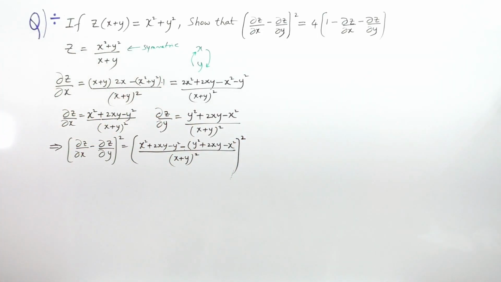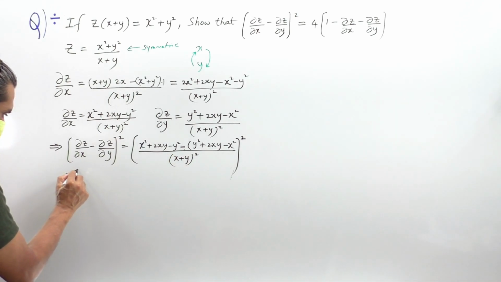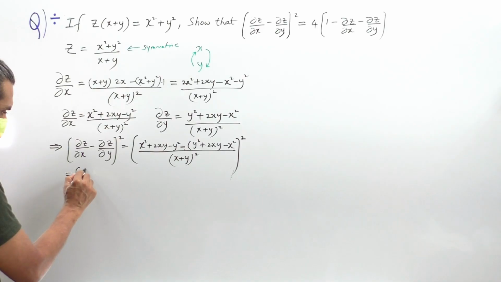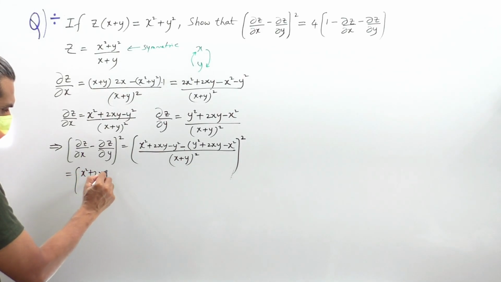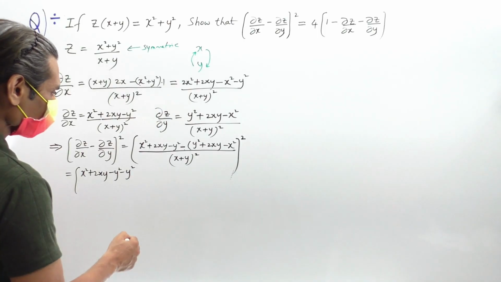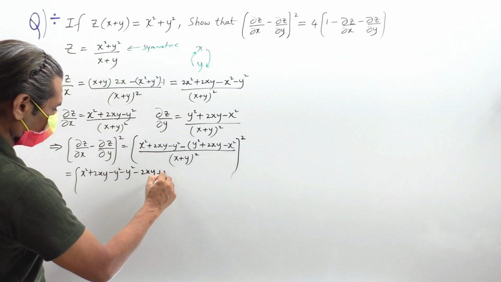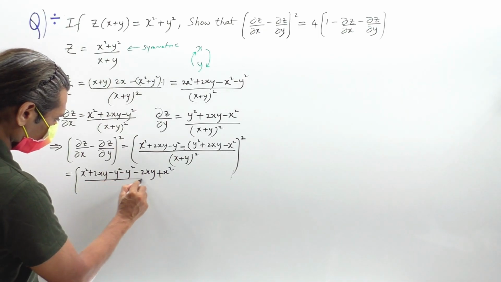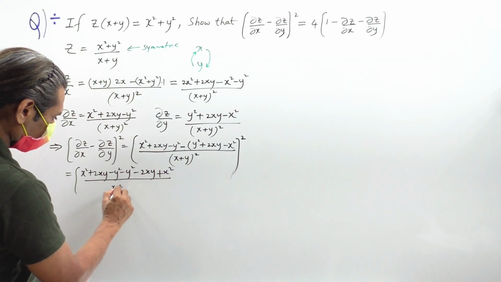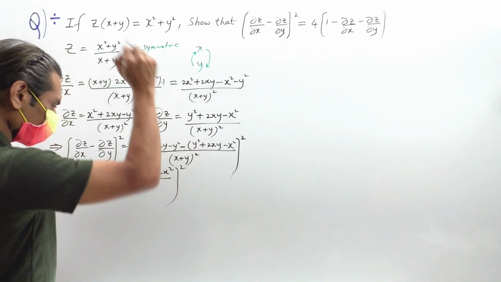That's it. Now, simplify. So, this becomes x square plus 2xy, I will open the bracket, minus y square minus 2xy plus x square, whole divided by x plus y the whole square, the whole raised to 2.